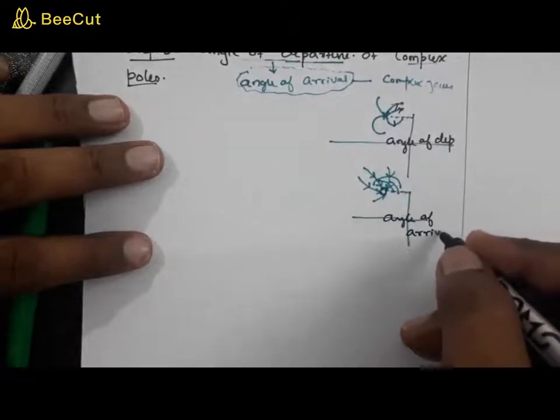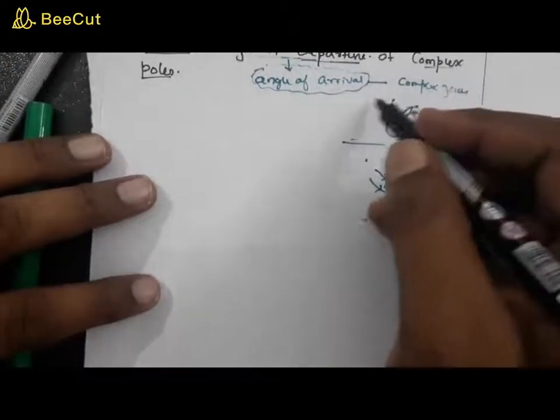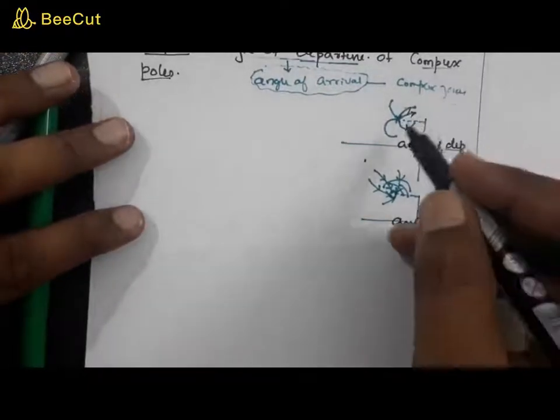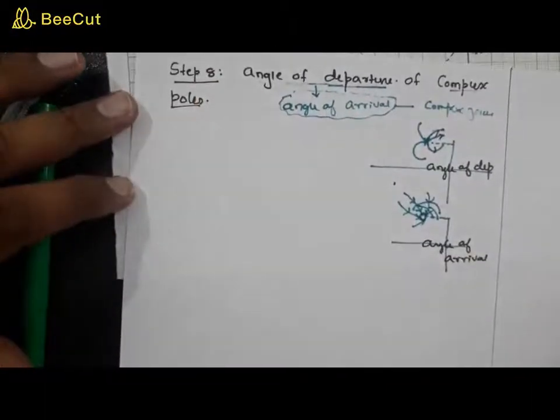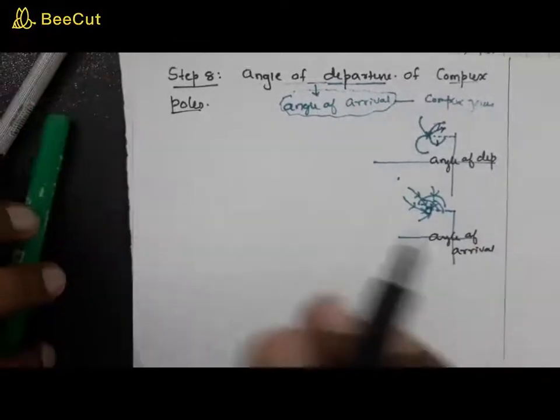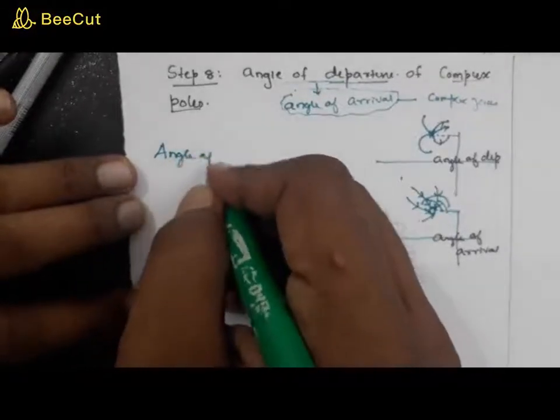In our problem you don't have to consider this because we only have complex poles. Wherever there are complex poles, those complex poles will depart from the real axis at a particular angle called the angle of departure. Now the angle of departure is given by the equation.